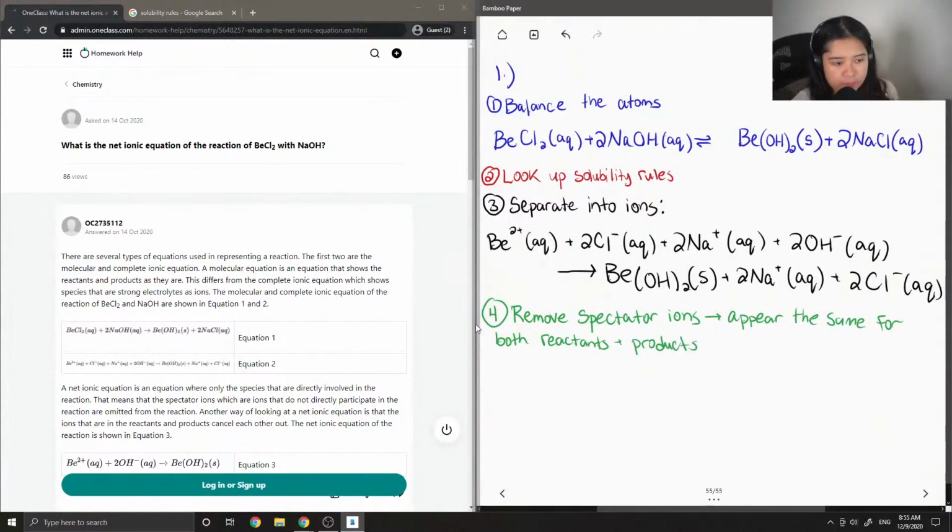So for example, there are 2 chlorine ions in our reactant side and 2 chlorine ions in our product side, so I can cancel them out. And there are 2 sodium plus ions on our reactant side and also 2 in our product side, so I'm going to cross them out also.